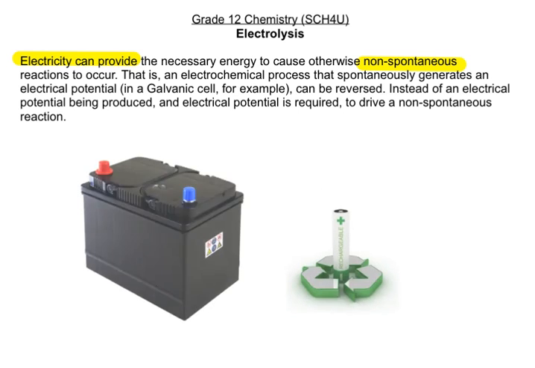You've seen this in action all the time, and this is with rechargeable batteries. Be it a simple battery you can put in a flashlight or a handheld device, or a car battery, the batteries are on one hand a galvanic cell, providing electrical energy to power your device or your car.